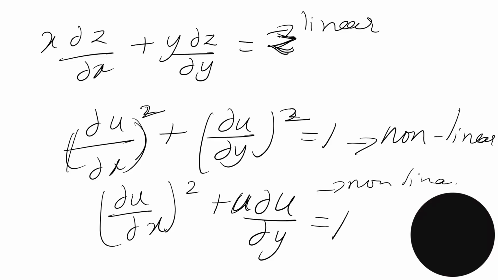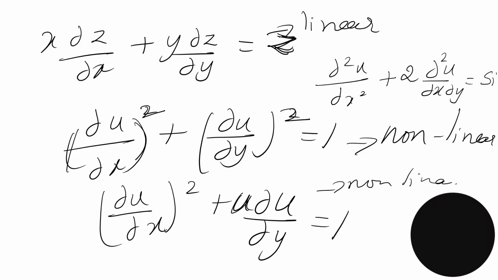For example, dou square u by dou x square plus 2 into dou square u by dou x dou y equal to sin x.